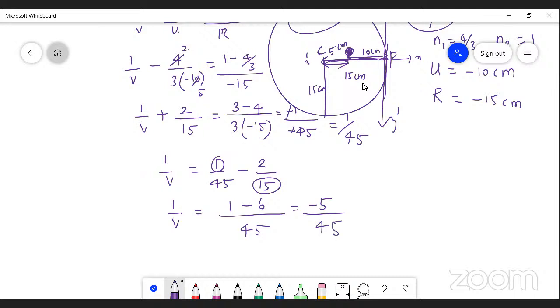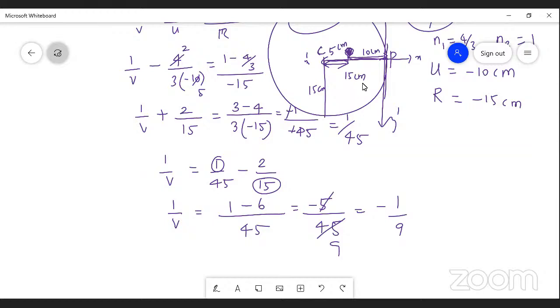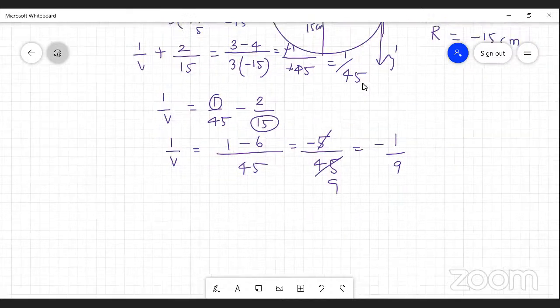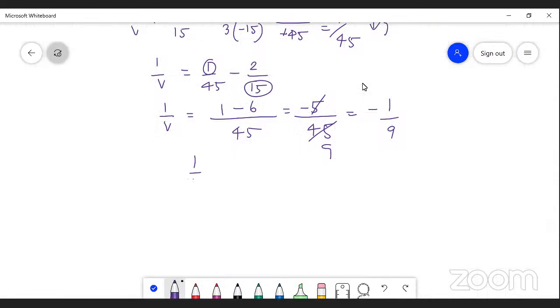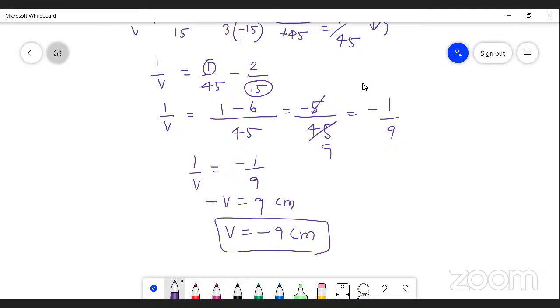So this is minus 1 divided by 9. So 1 by v is equal to minus 1 by 9. So v is equal to minus 9 centimeter.